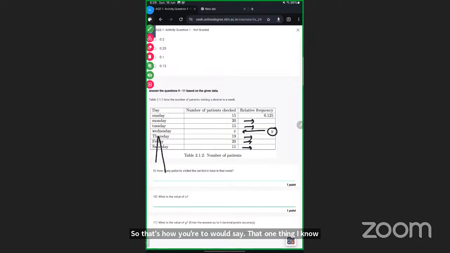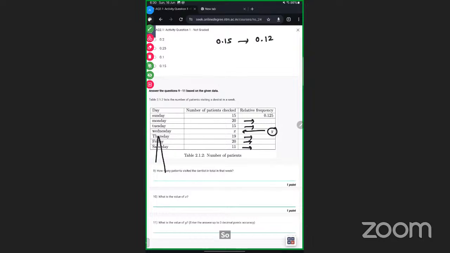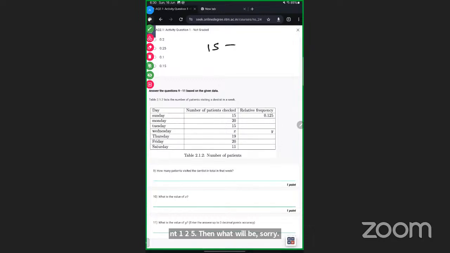Let's say we have to apply the formula. If 15 is 0.125, then how much will be 20? That is the question.